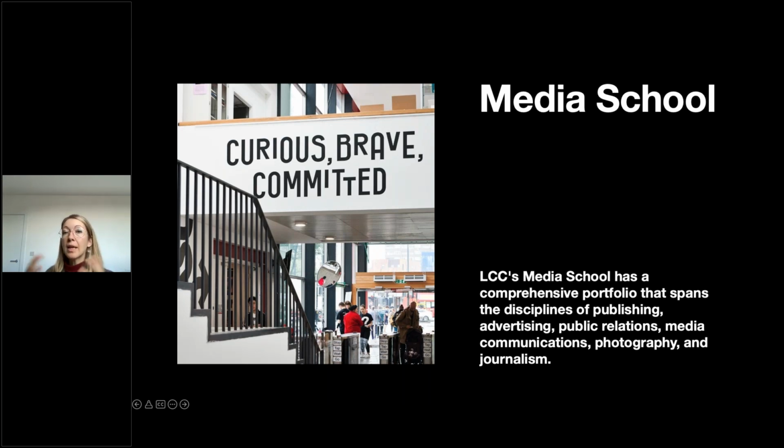But within UAL, and in particular in the College of Communication, we need to situate our degree even more specifically, because we are part of the media school. And the media school is a really rich school. It spans different disciplines from publishing, advertising, public relations, media communications, photography, journalism.